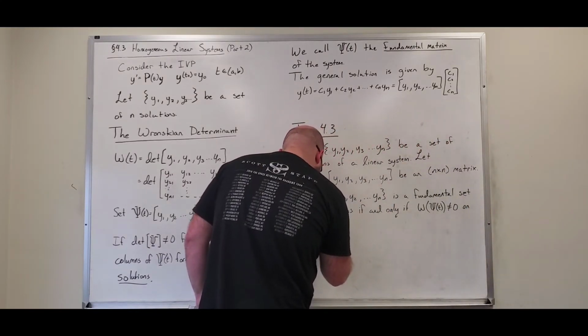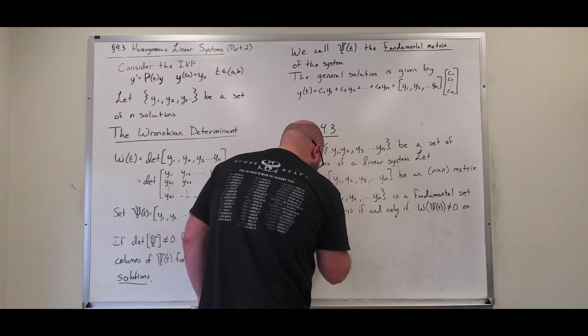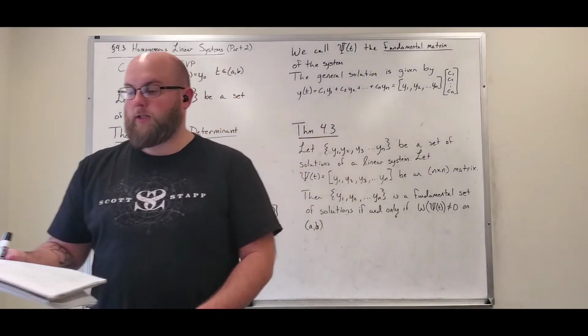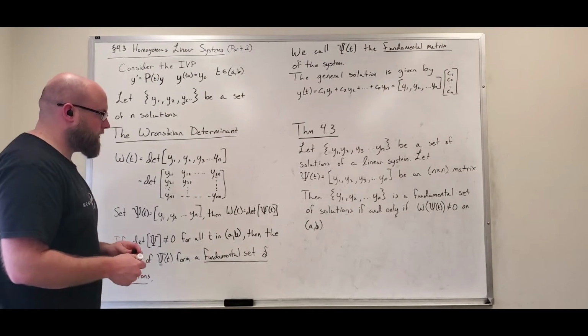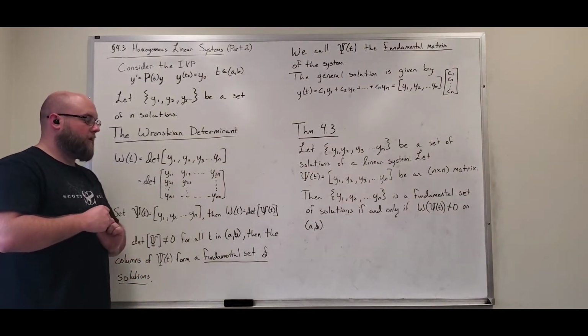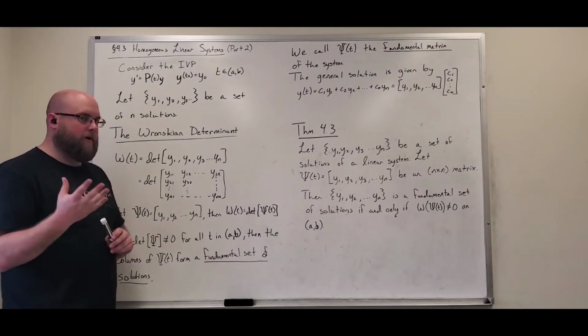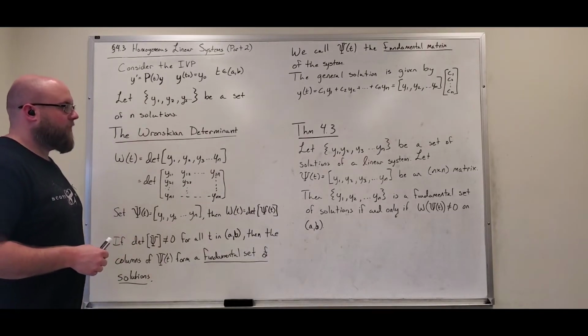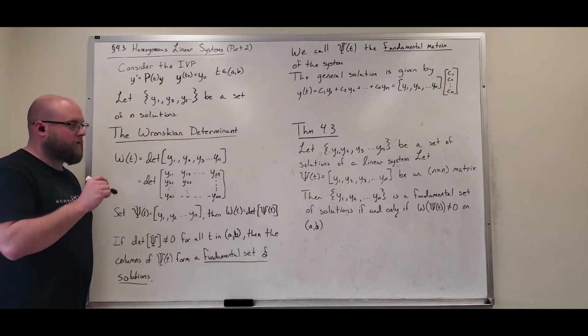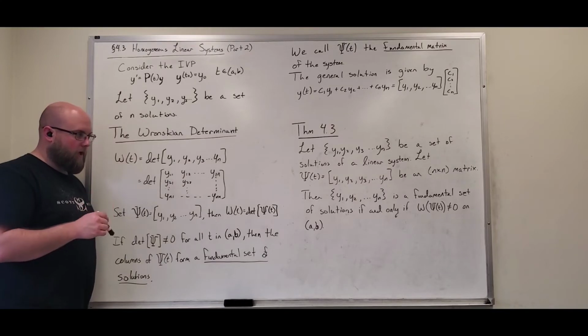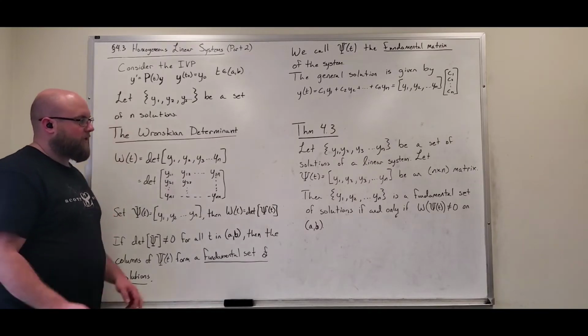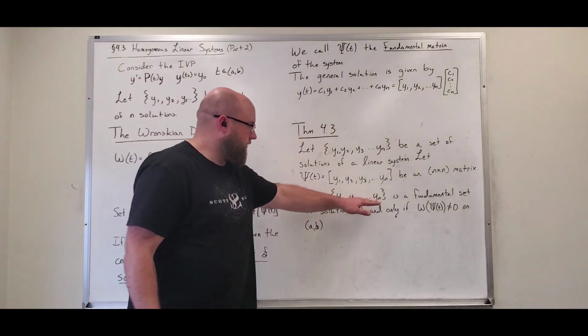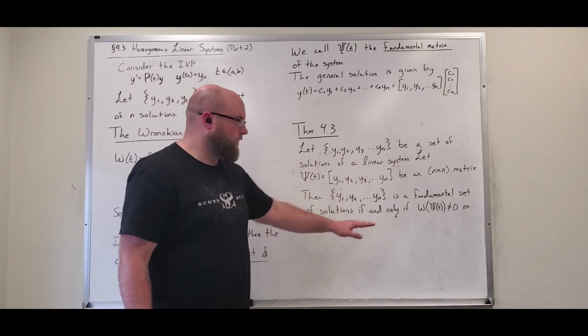So what's an if and only if statement? Well, these guys are awesome in mathematics because if you can set up an if and only if statement, then it's a very, very sound theorem. However, it can become extremely hard to prove one way or the other. So what this reads as is if this is a fundamental set, then the Wronskian is not equal to 0.